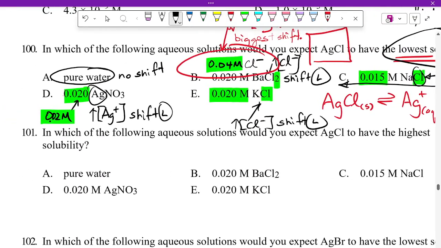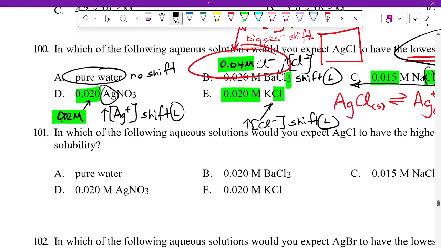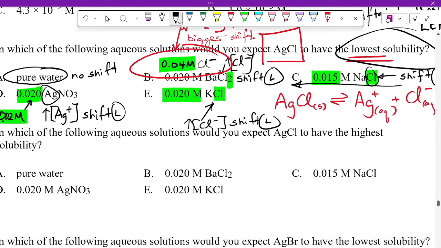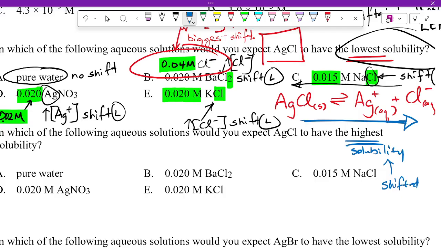In which of the following would we expect AgCl to have the highest solubility? So in this case, we want this thing shifted to the right. Well, Cl will shift it left.